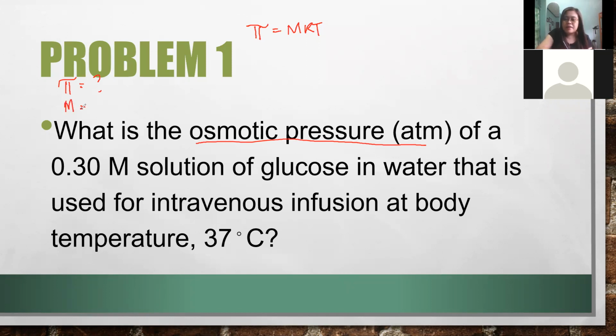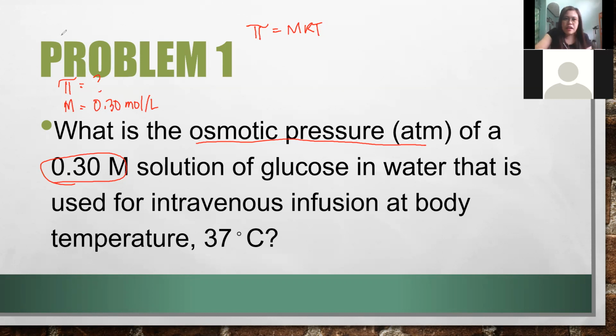Capital letter M is the molarity. So that is given. That's 0.30 M, or we can use the mole over liter for easy cancellation of the units. And then R again is the gas constant.